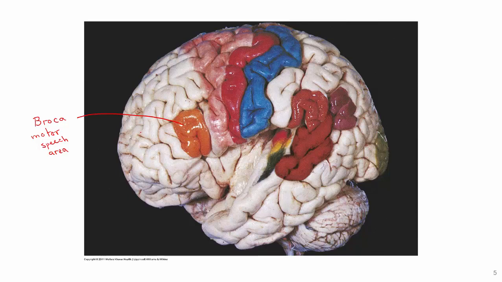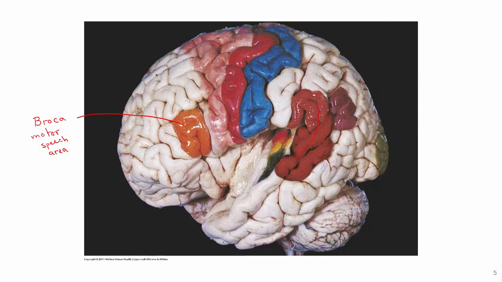Remember, a stroke is when you cut off blood supply to that region, so especially in the left hemisphere, and when it affects the Broca motor speech area, you'll end up with what is known as Broca's aphasia, difficulty forming complete sentences.